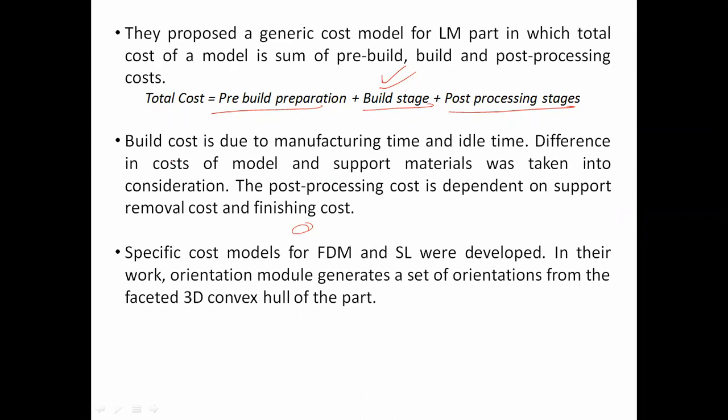So as I explained, the build cost over here is manufacturing time plus idle time, and the post-processing cost is dependent on the support material removal and the finishing cost. So this model was actually implemented on FDM machines and stereolithography machines. They developed specific cost models for that.